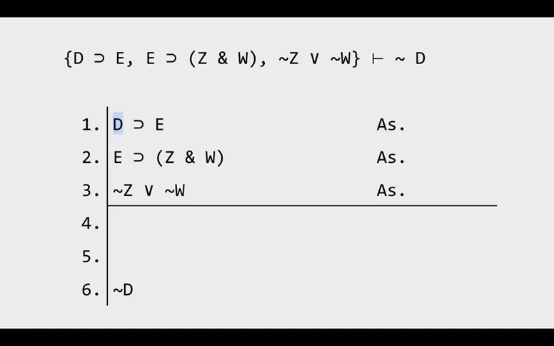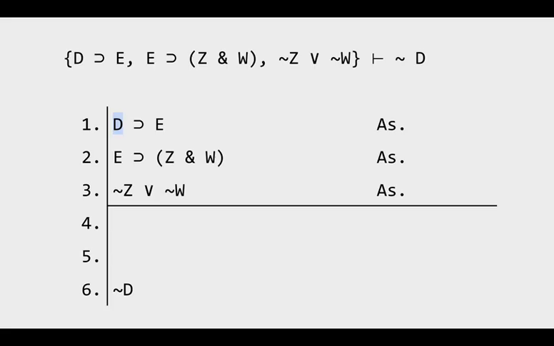So I know that if I can somehow find a rule that allows me to put a tilde on the antecedent of a conditional, I'd be all set. As a matter of fact, there is a rule that allows you to do that. It's called modus tollens.